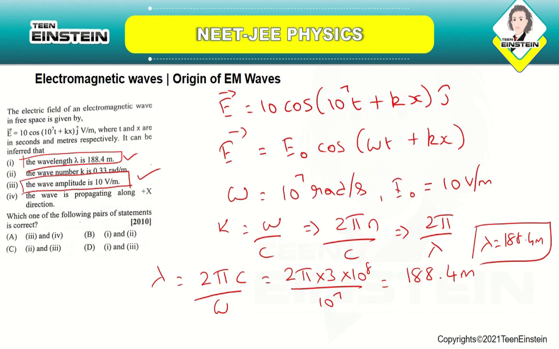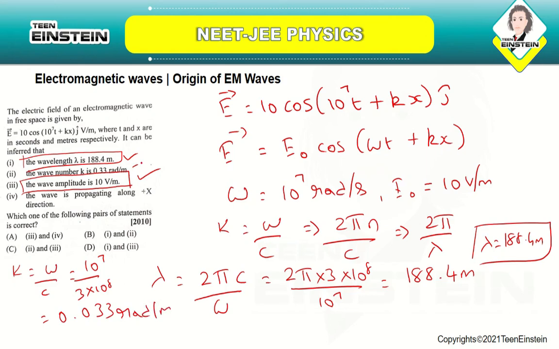Now if you see, wave vector k is equal to omega by c, which is equal to 10^7 by 3 into 10^8. If you solve this, you will be getting it as 0.033 radians per meter.